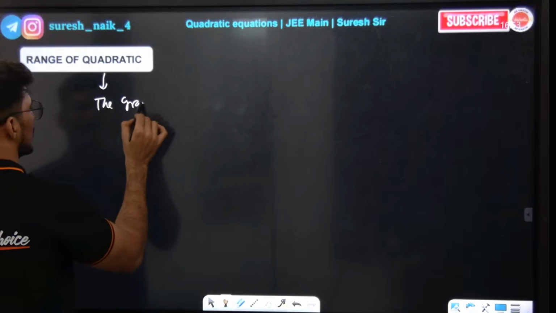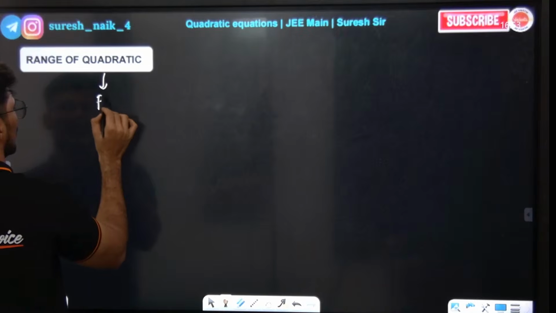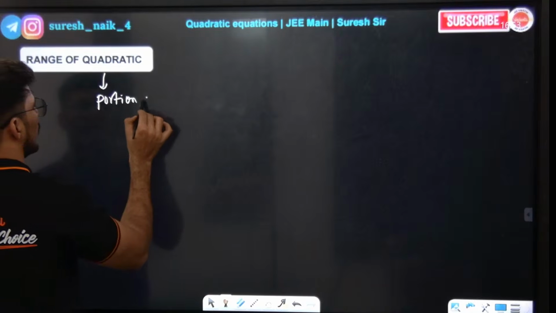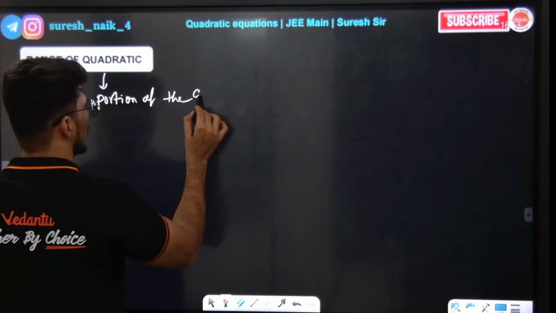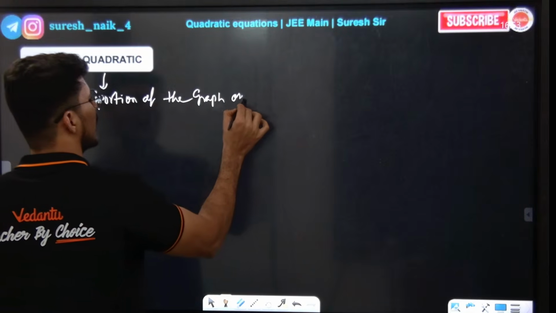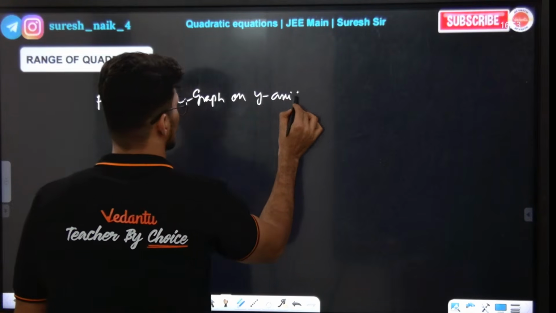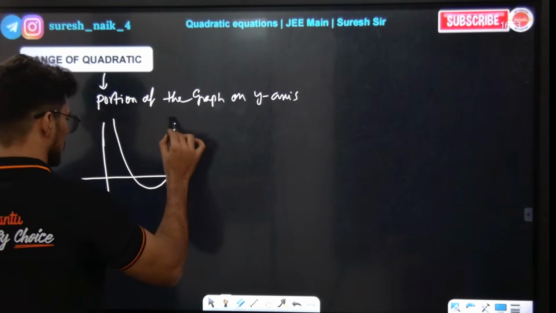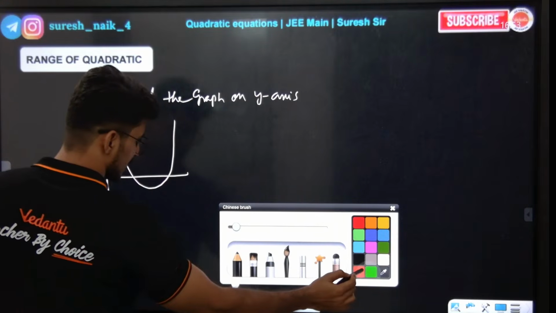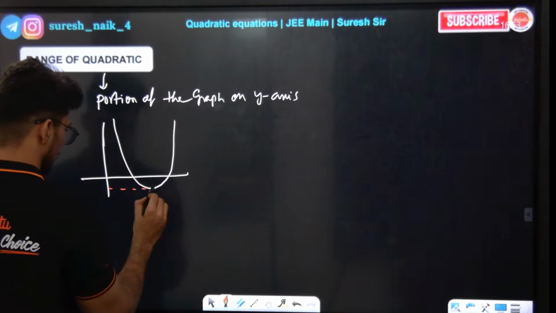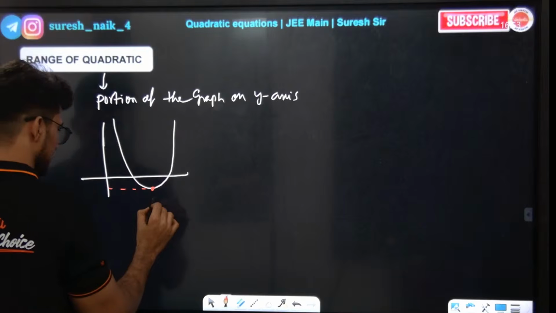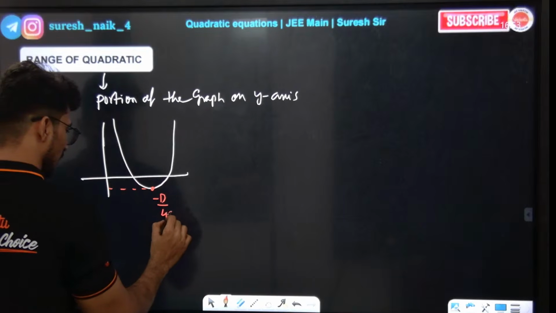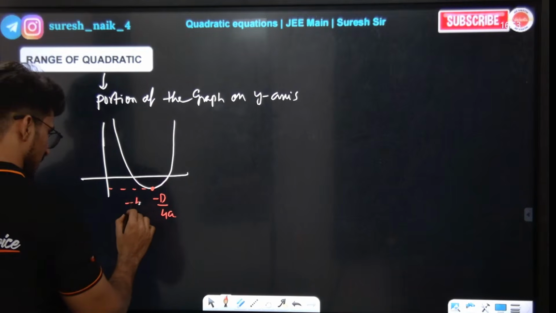The portion of the graph on the y-axis. If you want an example, look at the board. This is the range now. The minimum is minus D by 4A, at x equal to minus b by 2a.